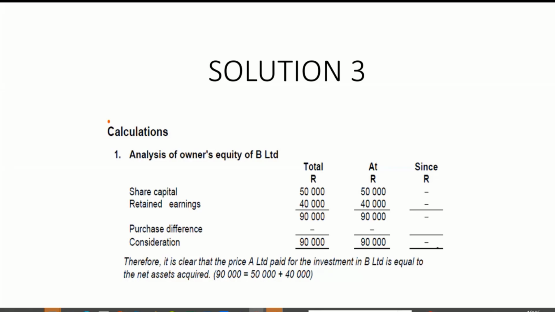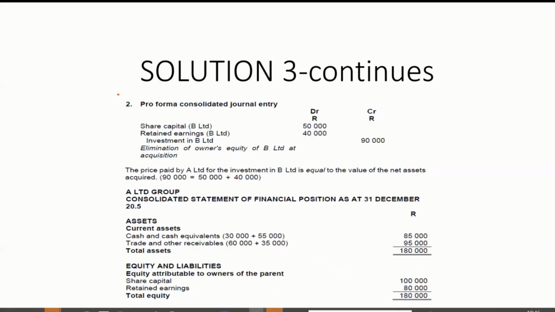Previously, in the previous example, we combined the retained earnings for both companies. So here, we didn't combine them. The reason can be that the net worth of the investment is equal to the assets and liabilities of the subsidiary. Yes, that is a reason.